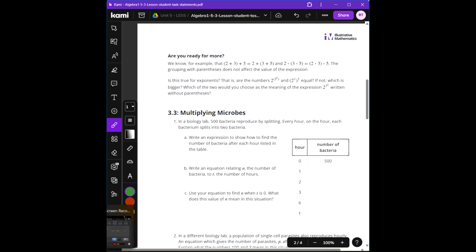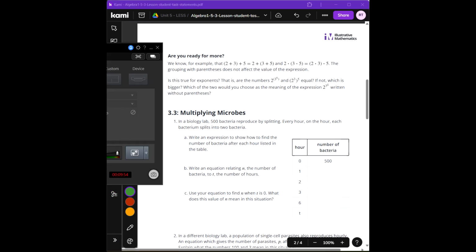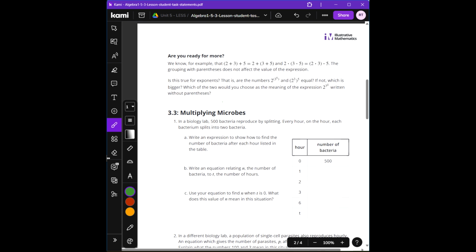Okay, let's take a look at the Are You Ready for More? So we know, for example, that 2 plus 3 plus 5 is equal to 2 plus 3 plus 5. And 2 times 3 times 5 is equal to 2 times 3 times 5.